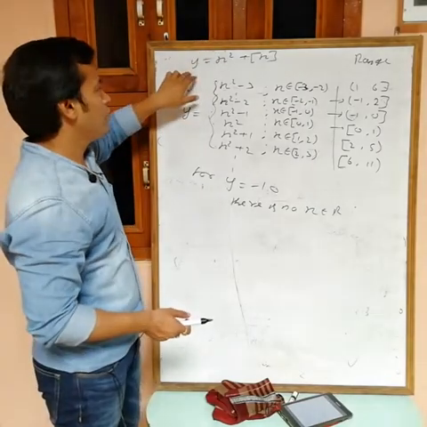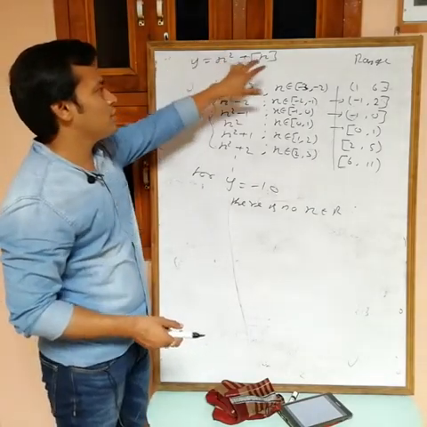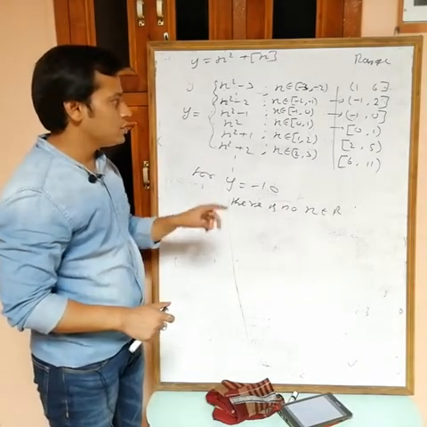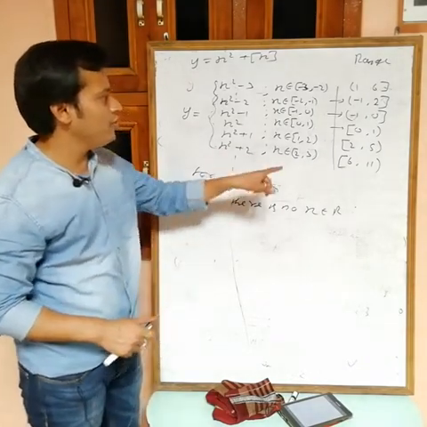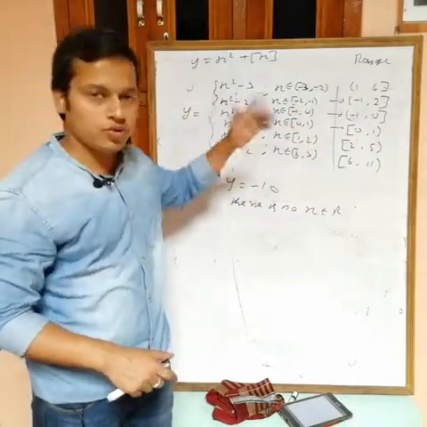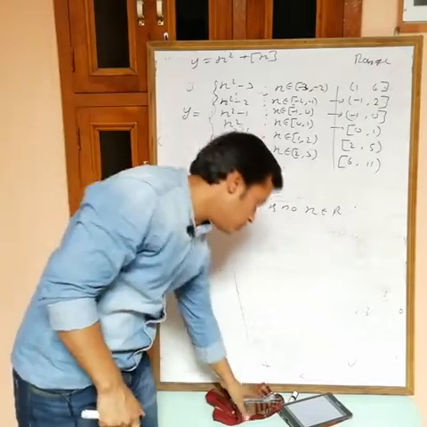If you write minus 10, put any value, but the square is greater than this one. That is the mistake. The answer remains the same, but not for 1, because 1 we are getting in this interval, but minus 1 we are not getting, minus 2 we are not getting, minus 3 also we are not getting.